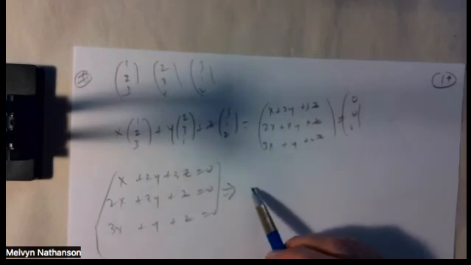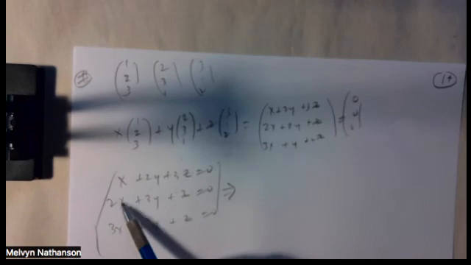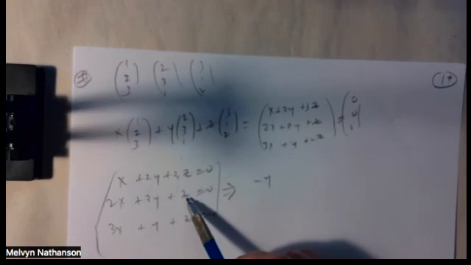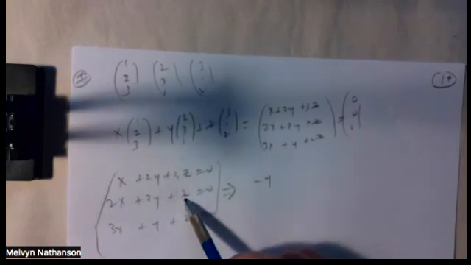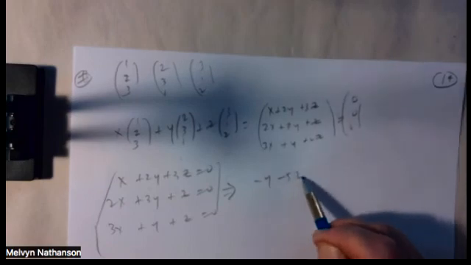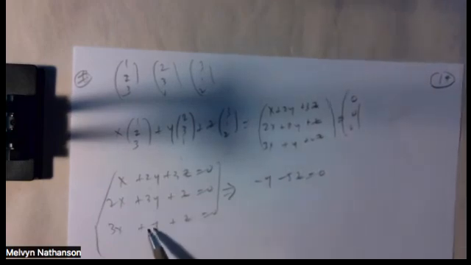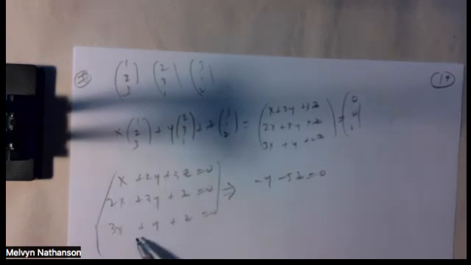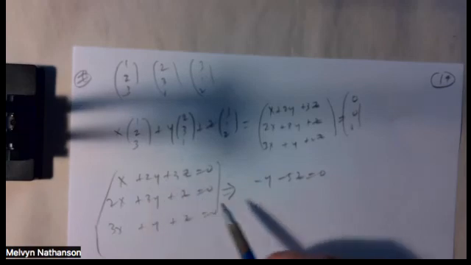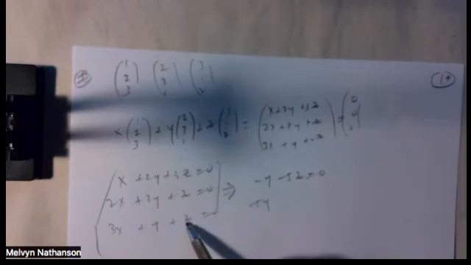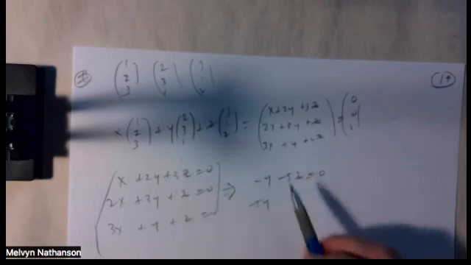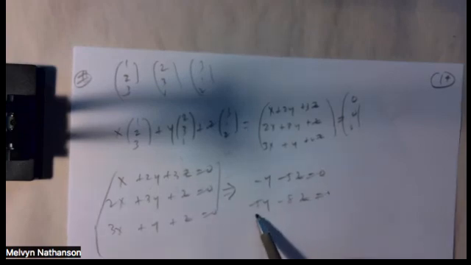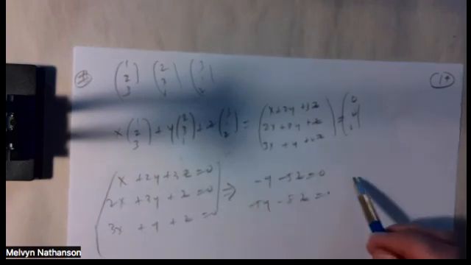So I get 2x minus 2x, 3y minus 4y, z minus 6z equals 0. If I take the third equation minus 3 times the first, 3x minus 3x is 0, 1 minus 6 is minus 5, 2 minus 9 is minus 7. This says minus 5y equals minus 8z.